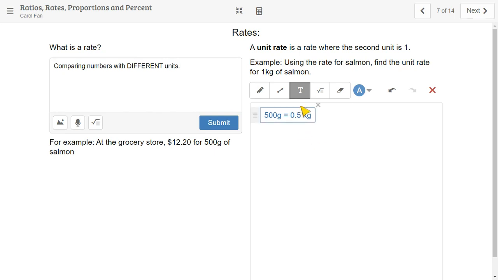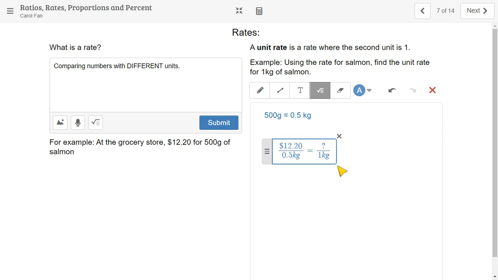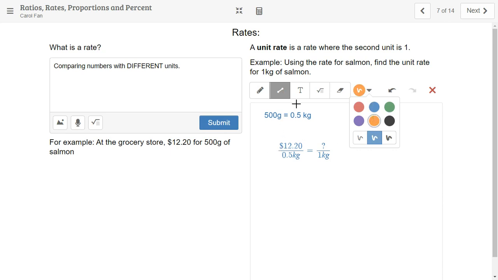So first of all, I'm going to write this as a ratio. I have $12.20 for 0.5 kilograms. Now, if I want this as a unit rate, I'm going to create my ratio, and I want this to be 1 kilogram. Right, so let's just backtrack. What did we do?